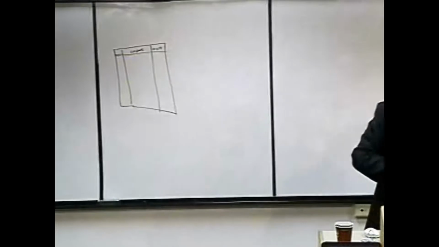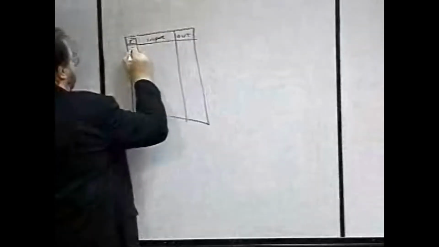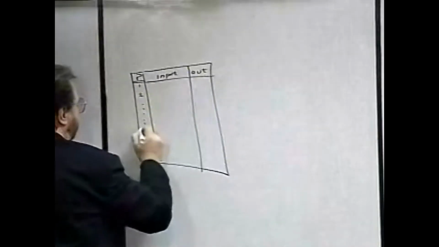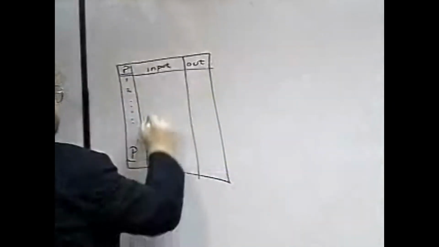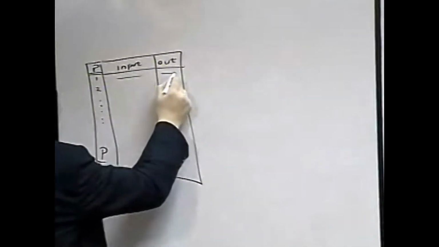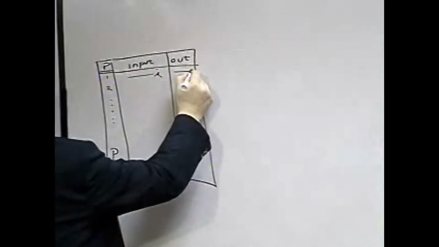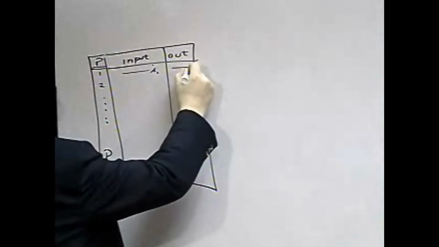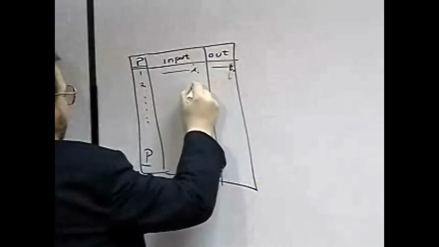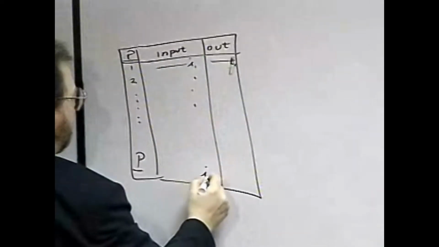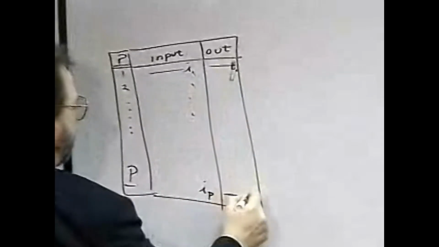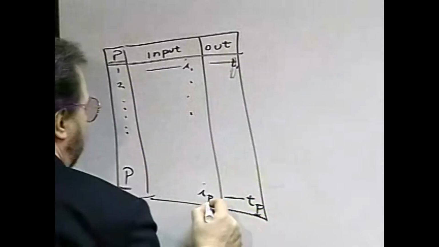The P index is the patterns of the training set, so we have P equals 1, 2, all the way up to some value of big P. Then we have some sort of input string and a corresponding output string, so this would be I sub 1 and target sub 1. And this would go down all the way to input sub P and target sub big P. Now these are fixed.